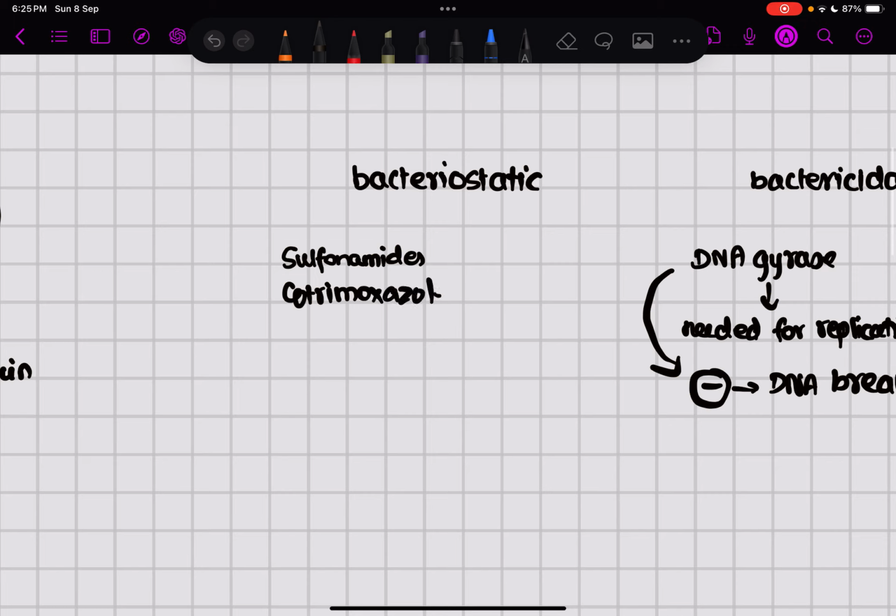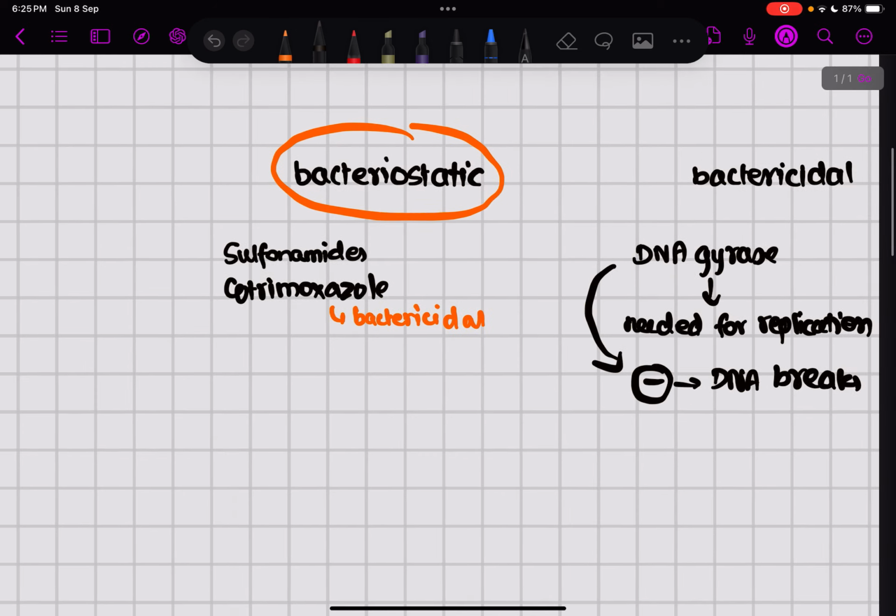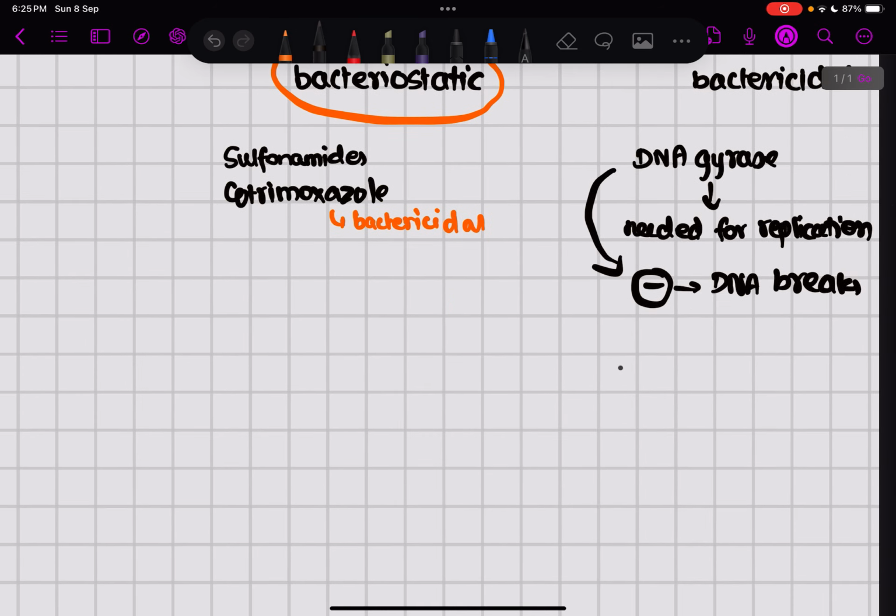These we call bacteriostatic except for cotrimoxazole, which is bactericidal. And for DNA gyrase inhibitors, an example is the fluoroquinolones. They end with floxacin. They are ciprofloxacin and norfloxacin.